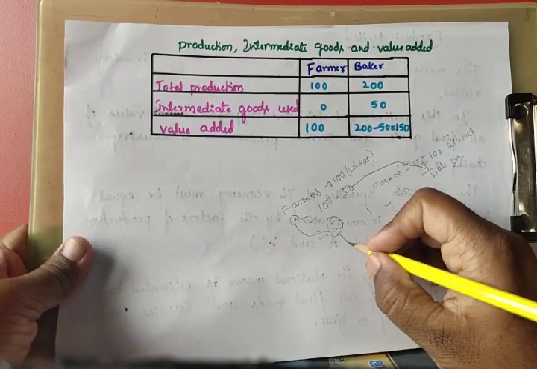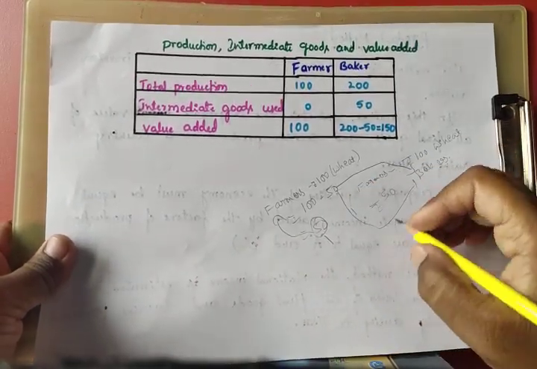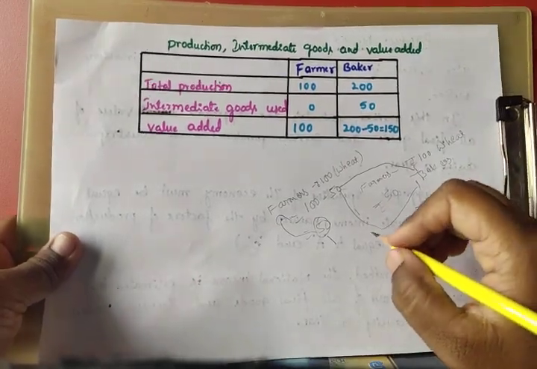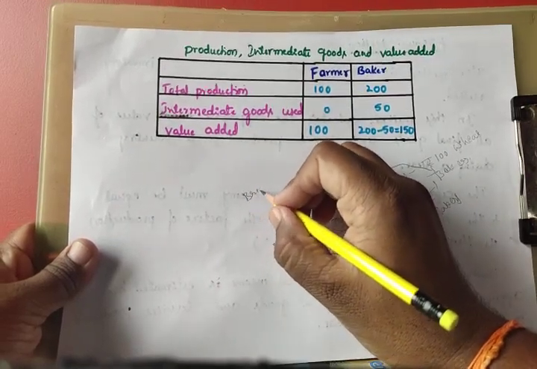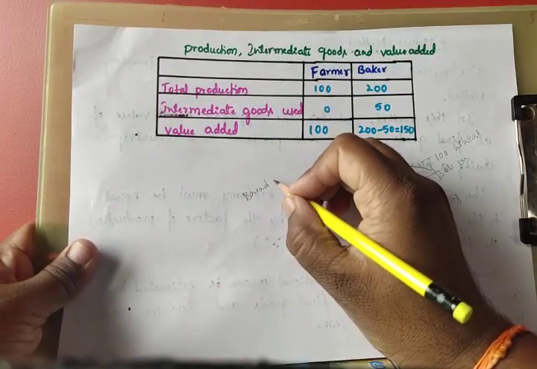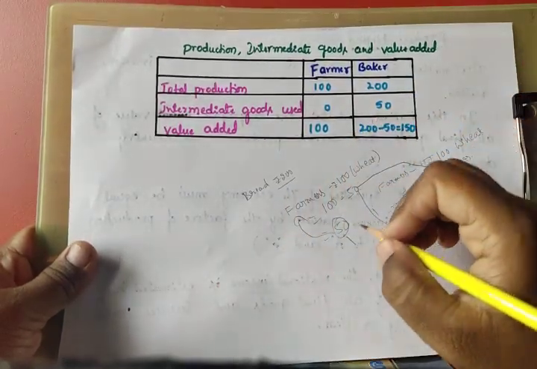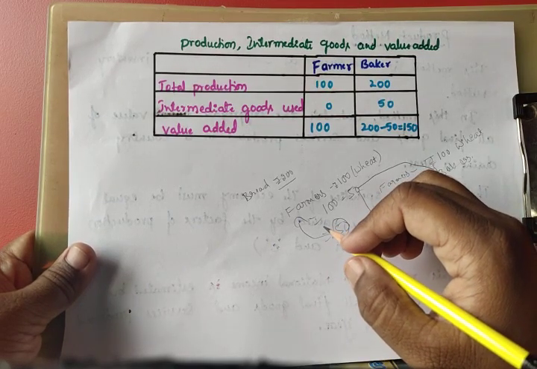Using this 50, the bakers are producing bread worth rupees 200.